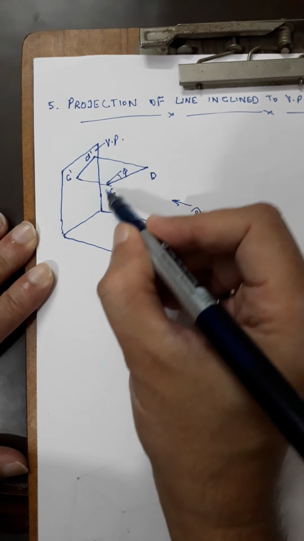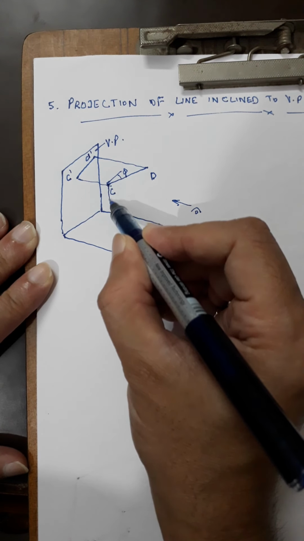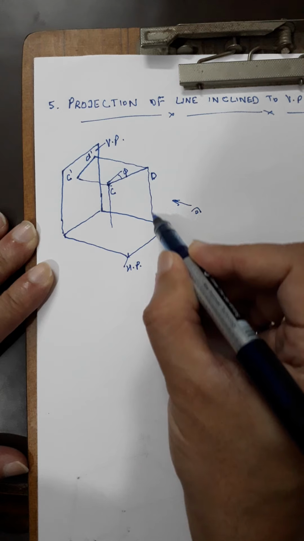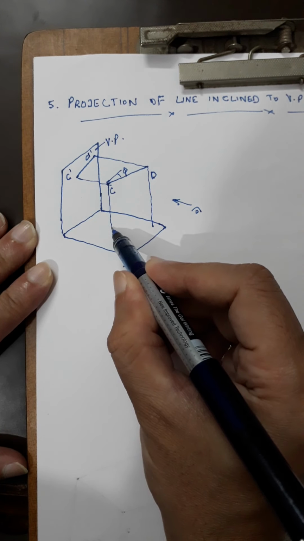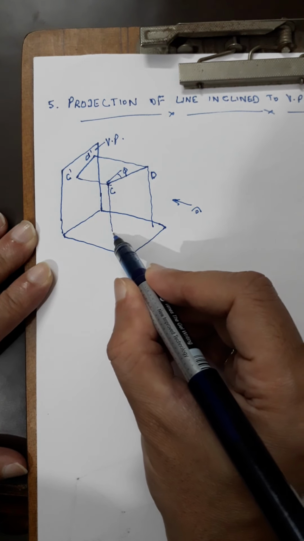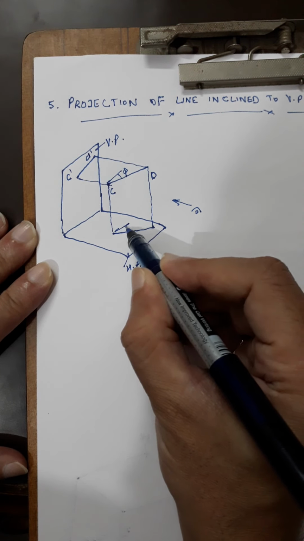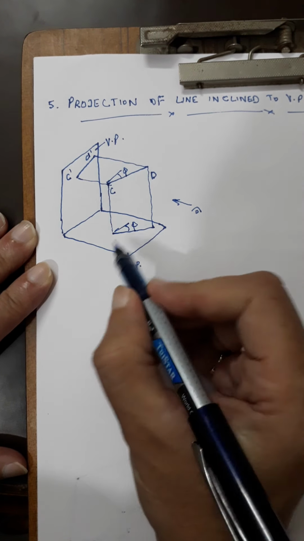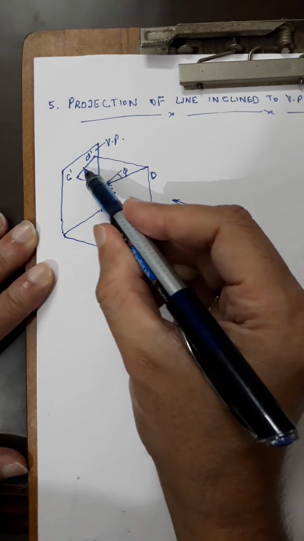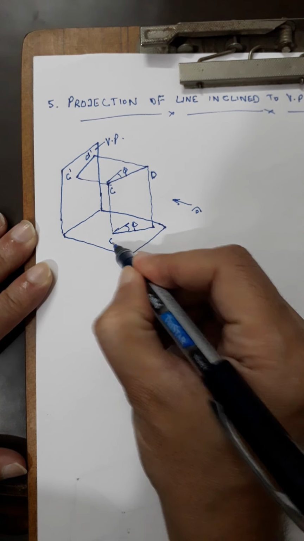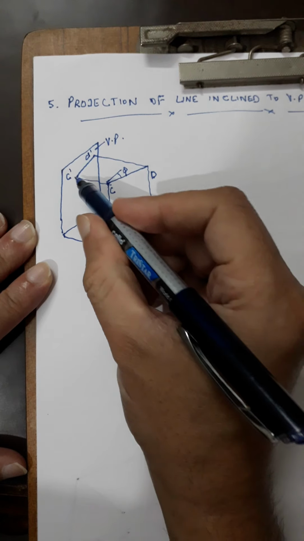When you see it from the top, you get to see the actual length, and the inclination is phi. This is the top view, represented CD. The front view is C dash D dash.